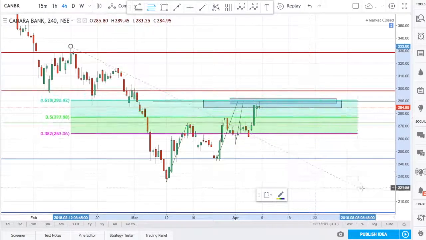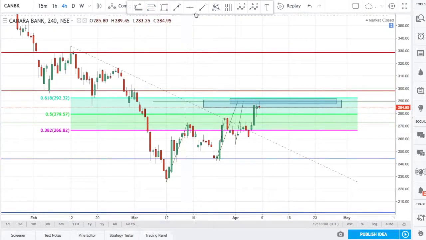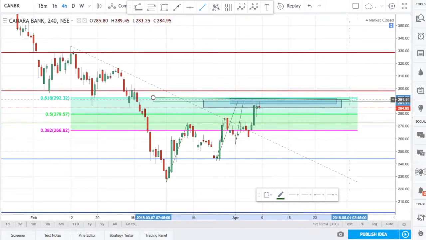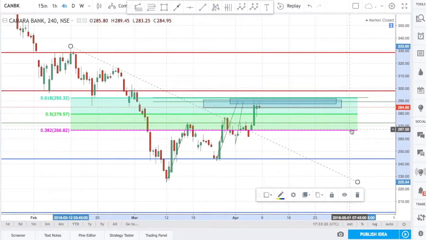Retracement of this whole move, and 0.618 lies here. 0.618.